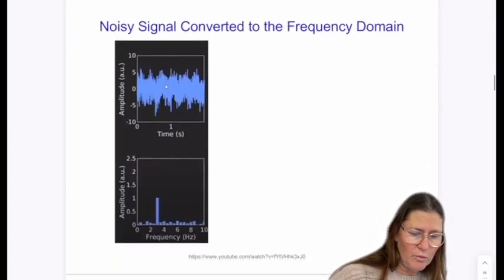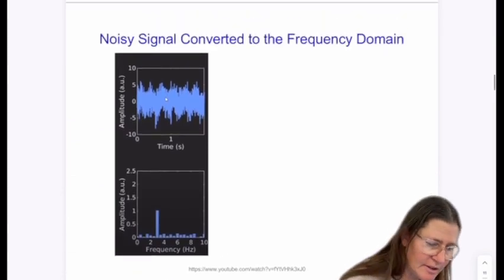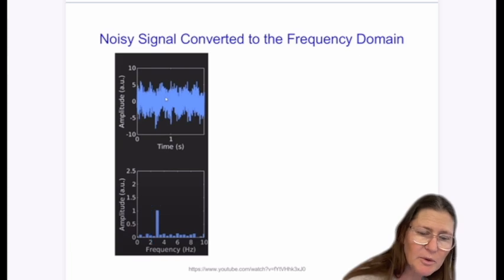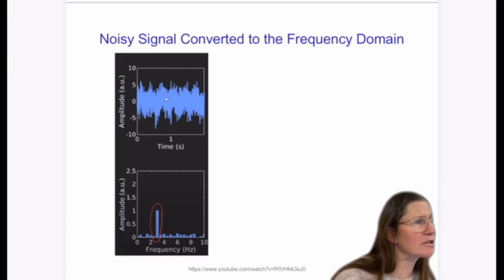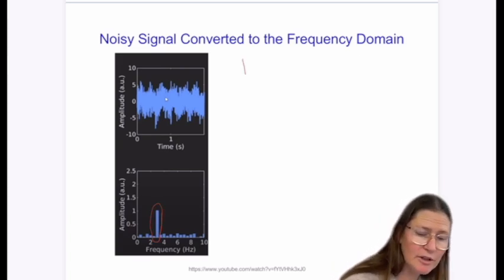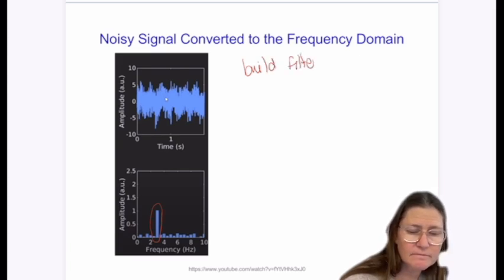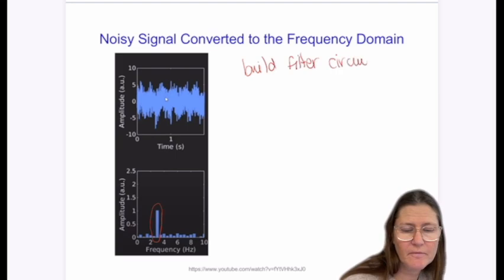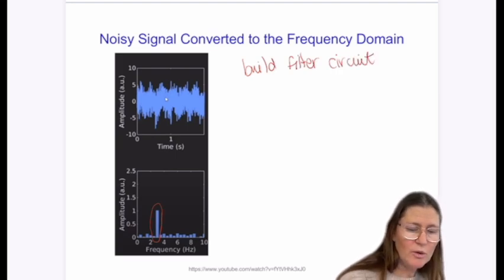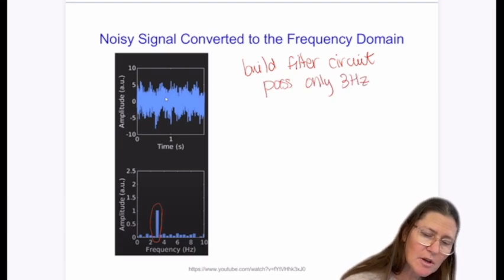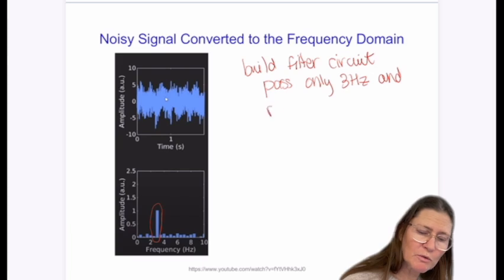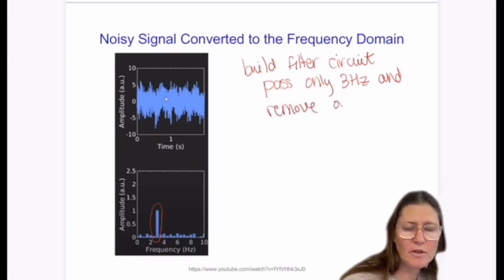When we looked at this noisy signal, blue doesn't show up very well there, but we see that we have that peak at 3 hertz still. So we can build a circuit where we want to pass only the 3 hertz and then remove the other signal.